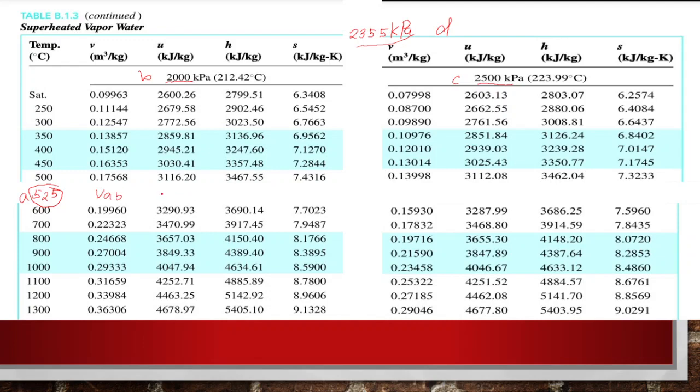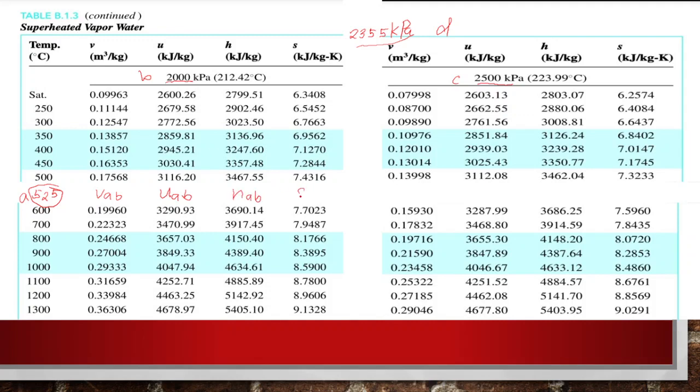The same is true with the internal energy, U at 525 degrees Celsius and at a pressure of 2000 kilopascal. It's the same with this one.